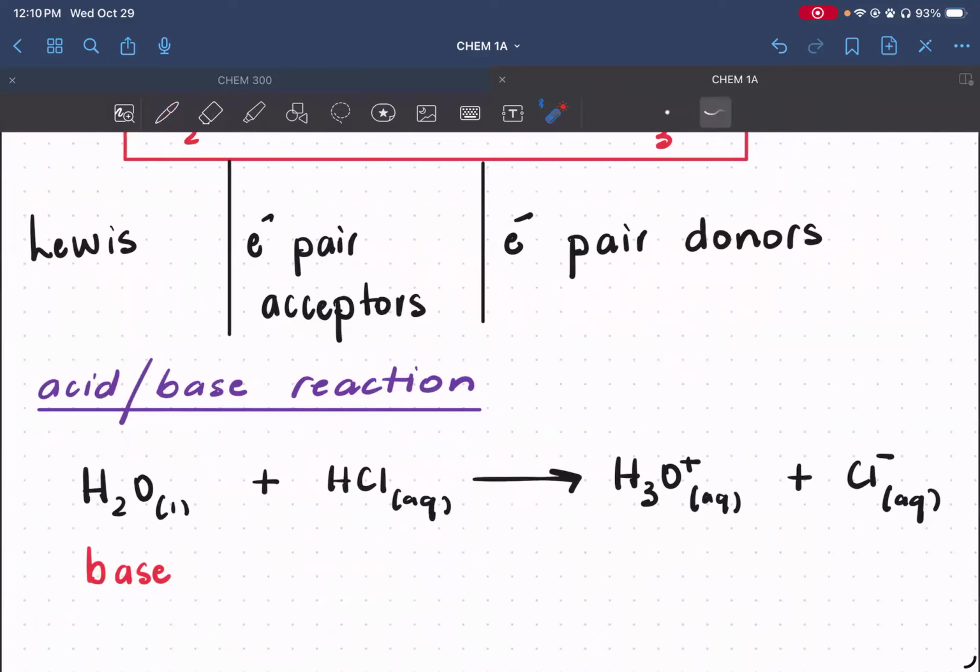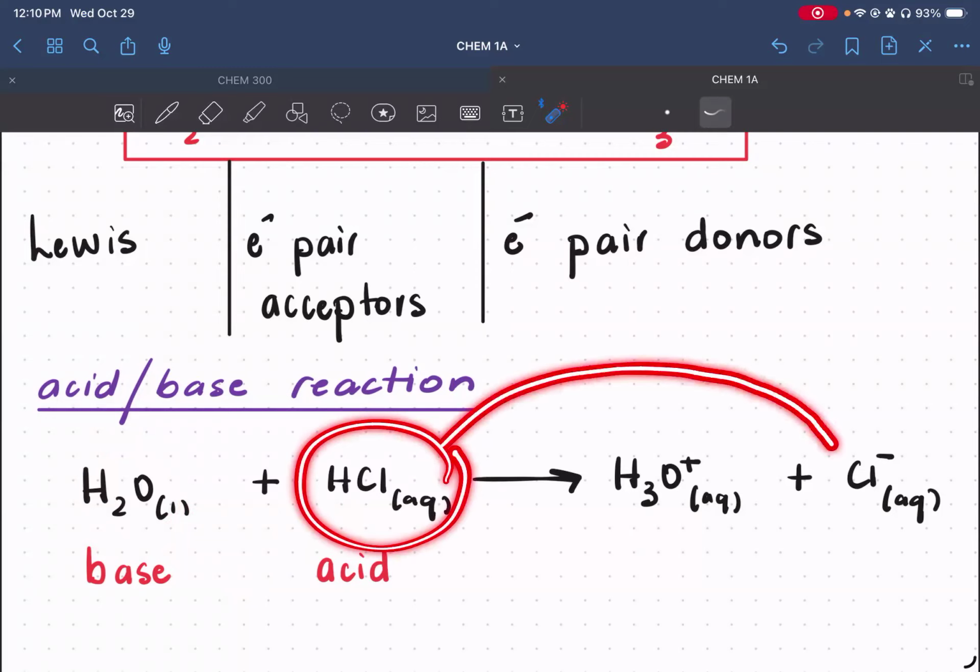Now, the thing about acid-base reactions, just like redox, is that if you know one of the reactants is a base, the other reactant must be the acid. So without too much effort, once you identify water as base, you know that HCl is an acid. But let's prove it to ourselves. It starts HCl and it ends up Cl-.